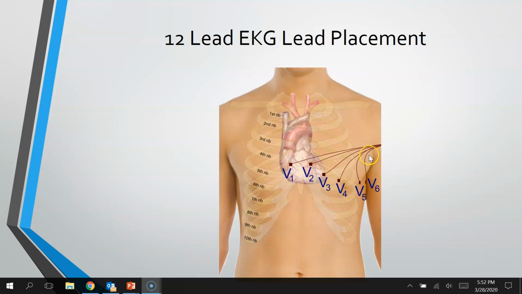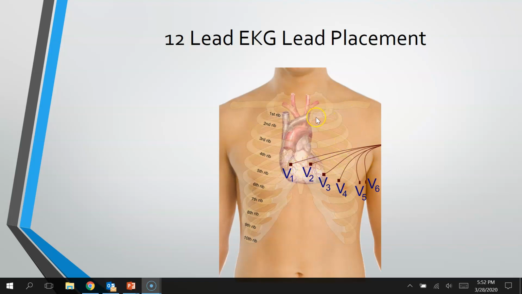V6 is going to be, nope, I said that wrong. This is mid-axillary. I'm sorry, V6 is mid-axillary. V4 is mid-clavicular. So what we're going to do is when we put the leads on, we're going to put V1 on and V2. We're going to find the intercostal space there, put 1 and 2 on.